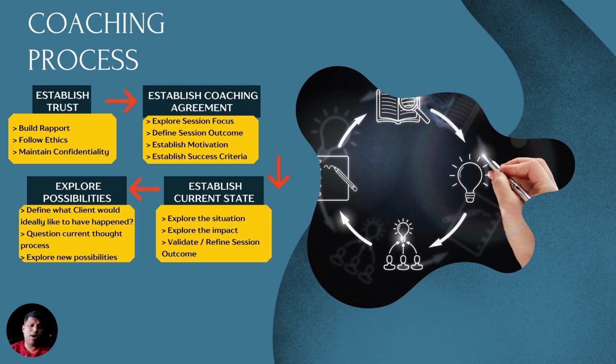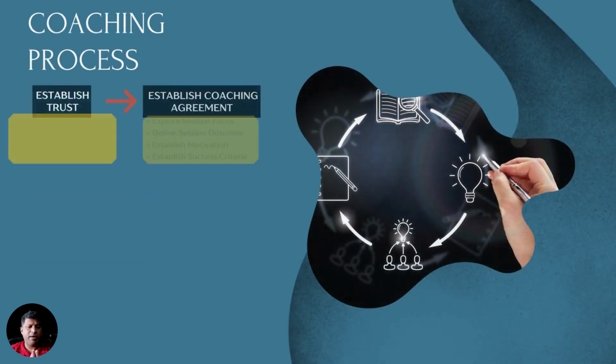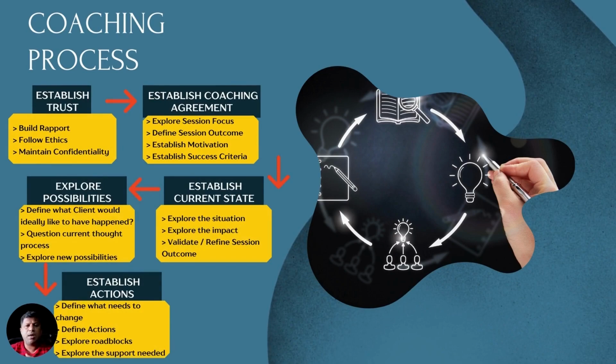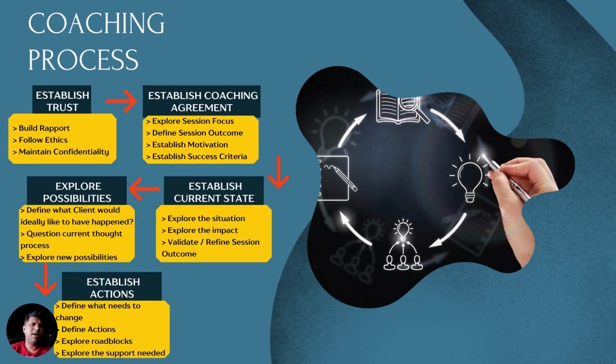So once you have discussed the agreement, what they want, the current state, where they are, what the impact is to them, why they want it to be addressed today, and refined the outcome, and then you have defined the possibilities that they are looking at, then you go ahead and start asking about establishing actions.